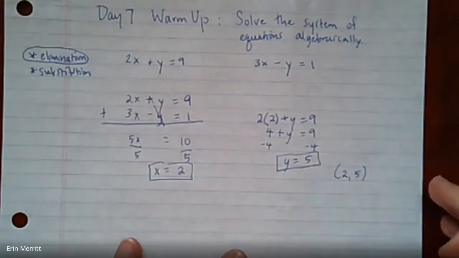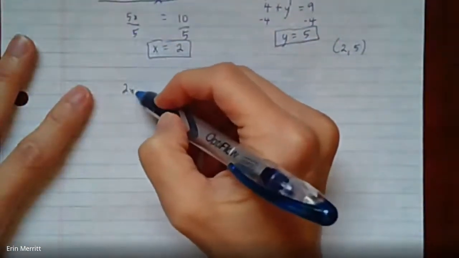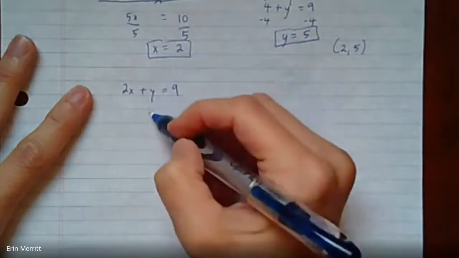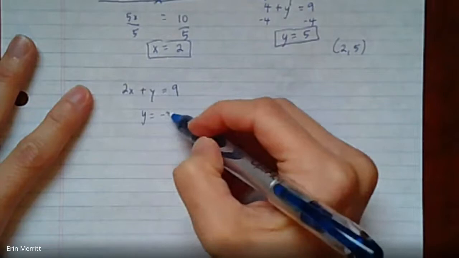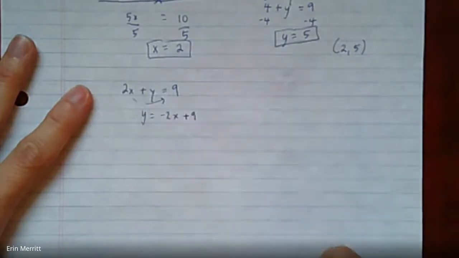Now, if you're someone that has seen substitution method in the past, just to show you what that would look like, you would take the first equation, the 2x plus y equals 9, and maybe you'd solve it for y. So you would rearrange it so you could get y equals, and then it would be negative 2x plus 9 by shifting that over.